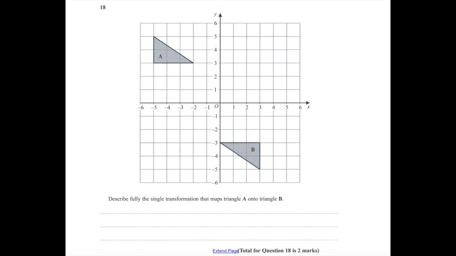Question 18. Describe fully the single transformation that maps triangle A onto triangle B. So the first thing we need to do is to find the center of rotation. To do that, I'm going to join the corners from triangle A to triangle B, connecting this one over here to that one over here, and this one over here to this one over here.